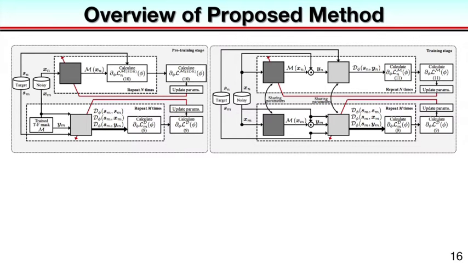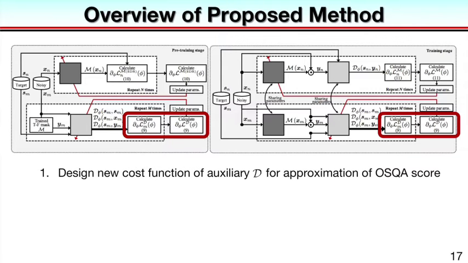This figure is an overview of the training procedure of the proposed method. There are 4 improvements in the proposed method. First, we design a new cost function of auxiliary DNN, D, for approximation of OSQA score.